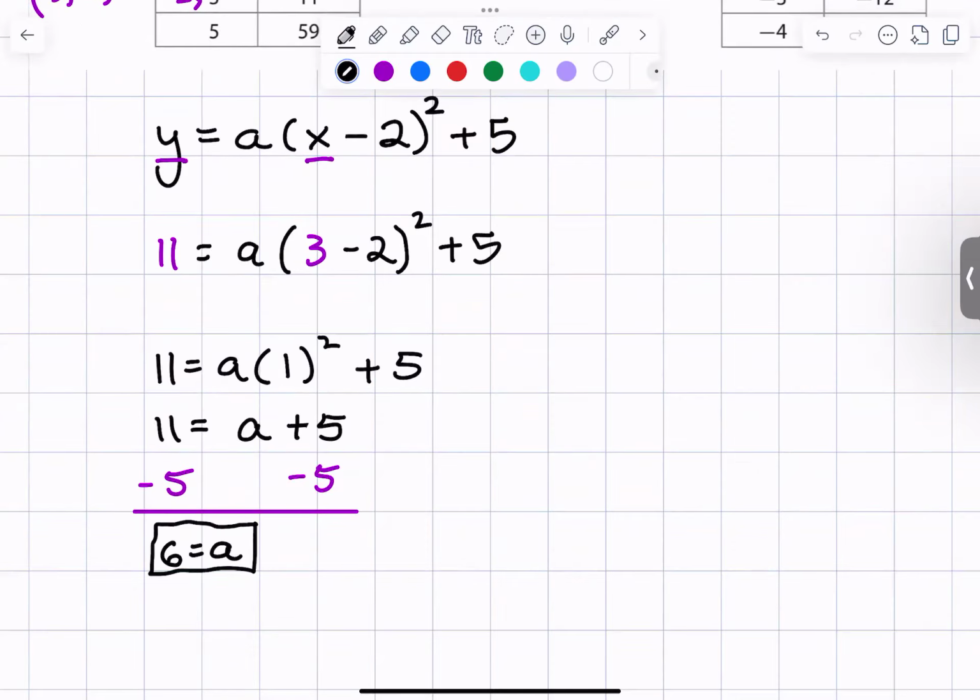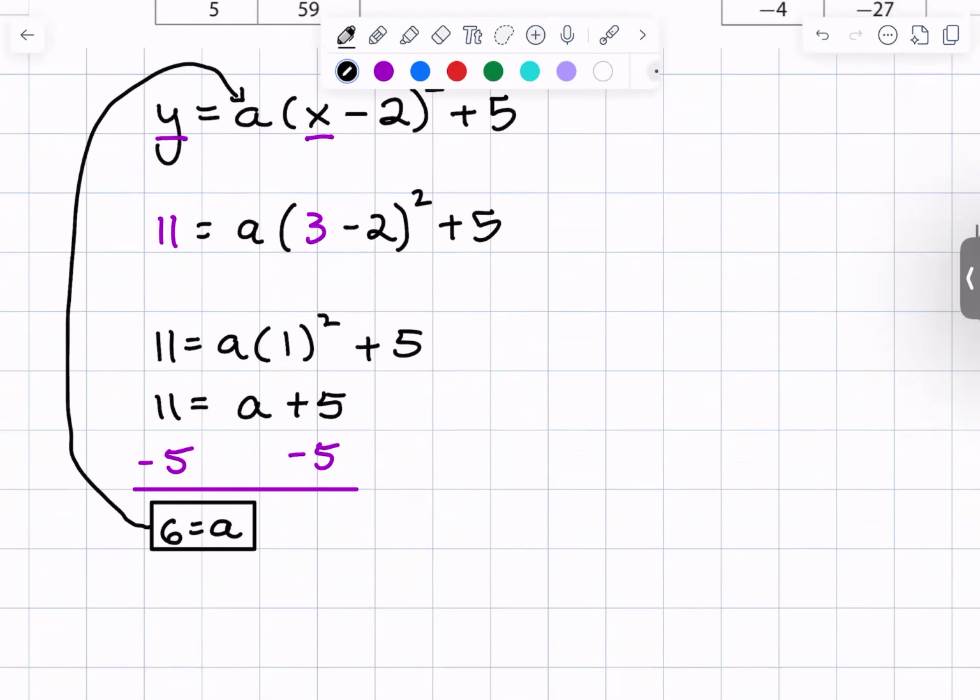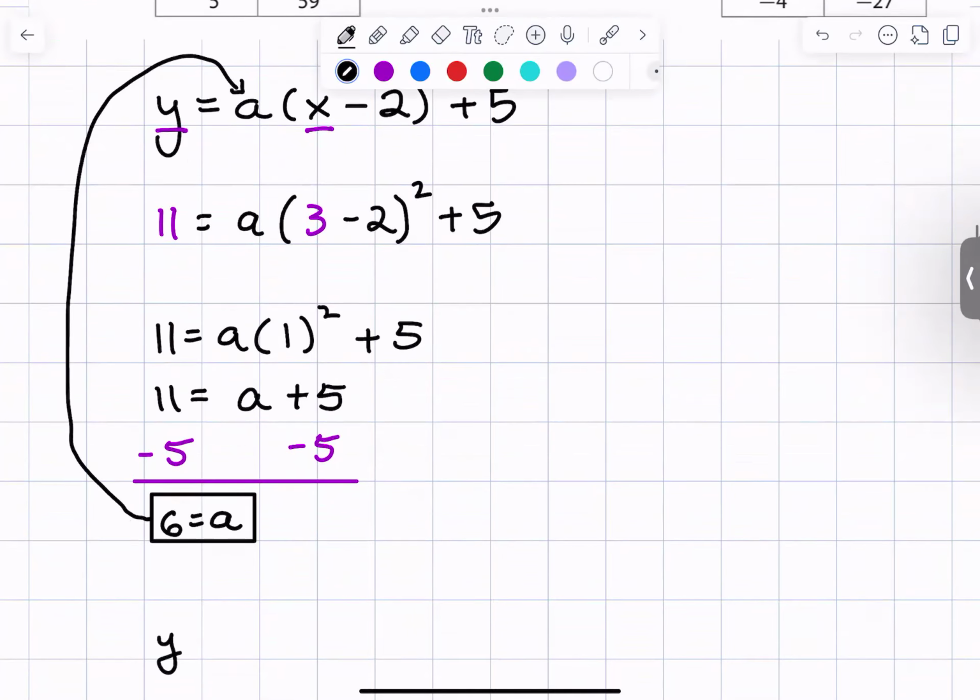Now I got 6 as my a value. I'm going to plug this back into here. So my equation now would be y equals 6 times (x minus 2) quantity squared plus 5.